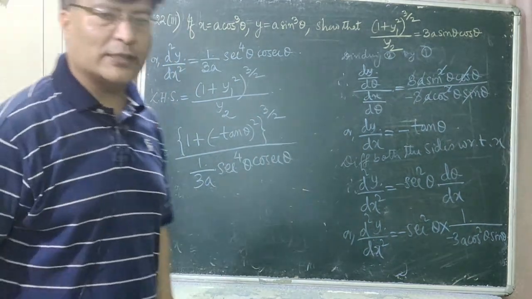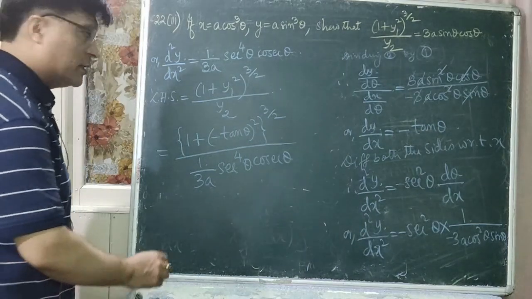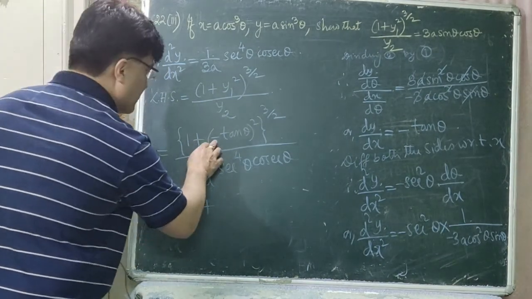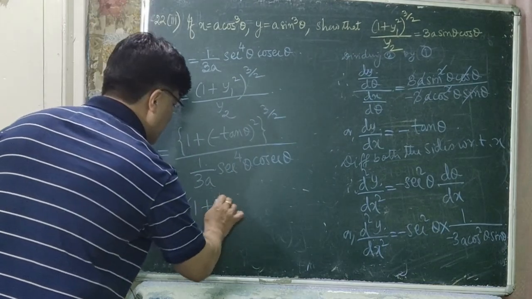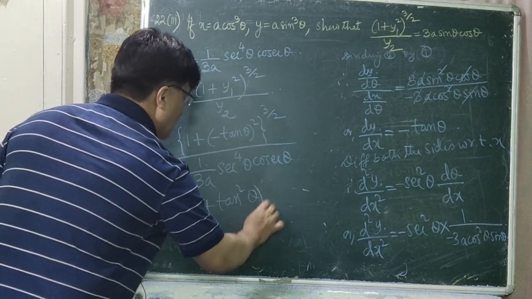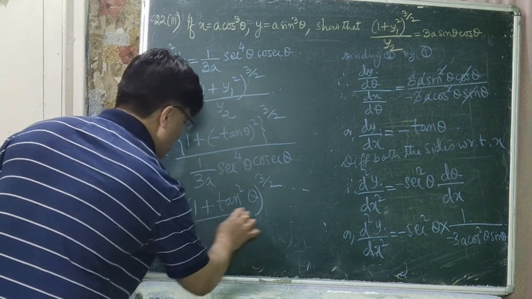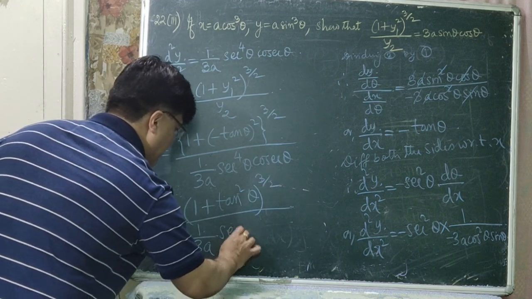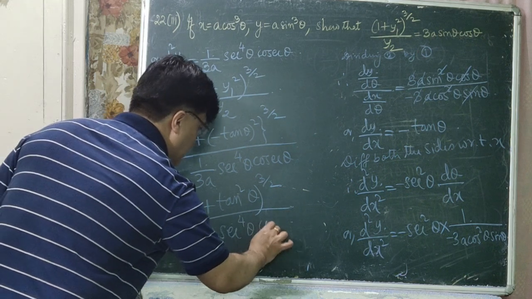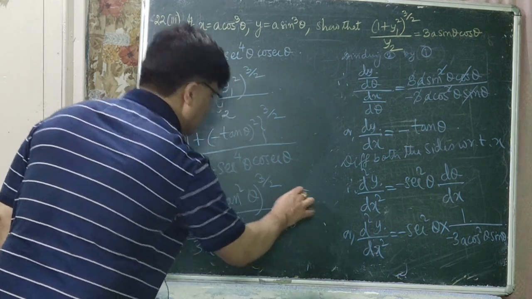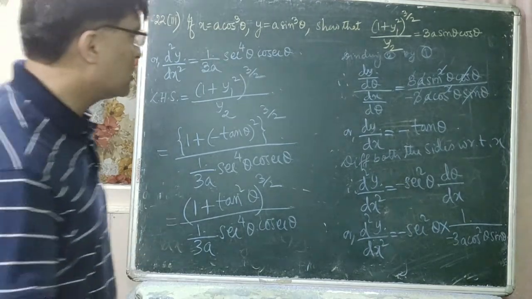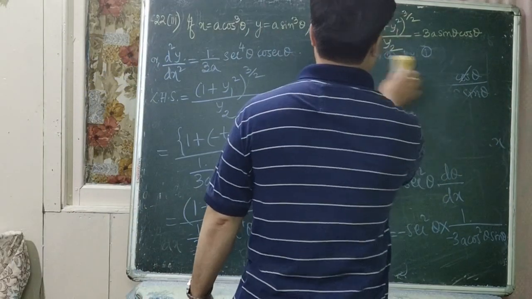So I think you have understood it. Now let us simplify it further. So which is equal to, within bracket, 1 plus minus whole square, that is tan square theta, whole to the power 3 by 2, divided by 1 by 3a sec to the power 4 theta into cosec theta. So let us simplify it further now.